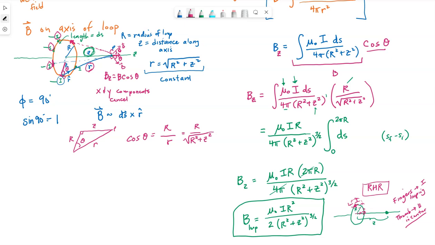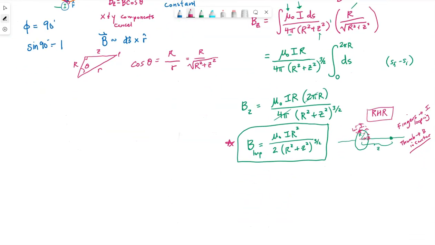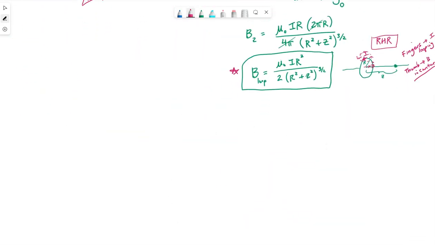Okay, so B of a loop, you don't have to derive it again because this equation right here is in the test notes. The next equation you're going to see, just to build on this, is called B of a coil. I'm not entirely sure why our author splits these two up.